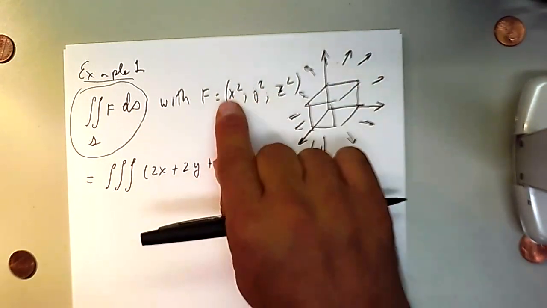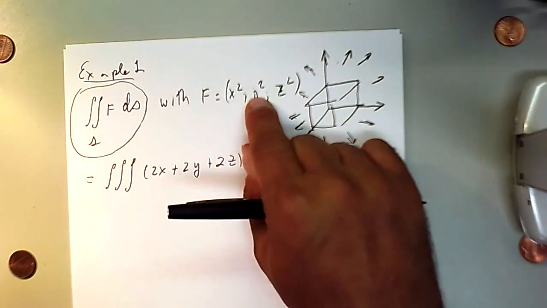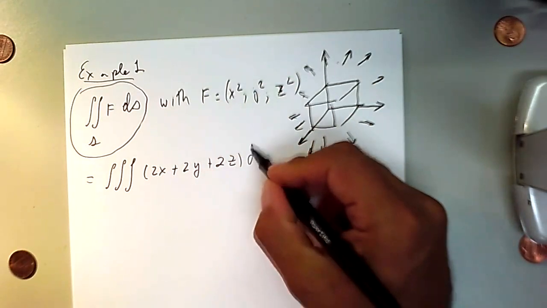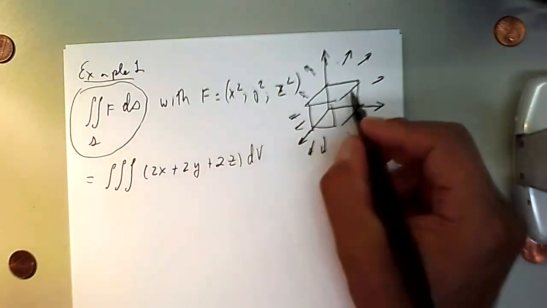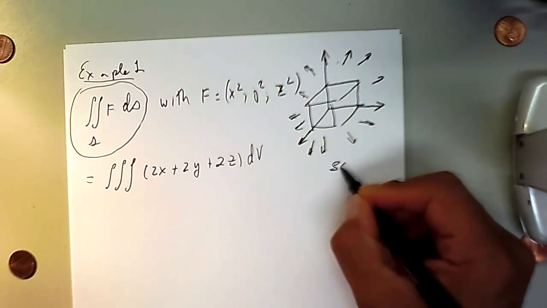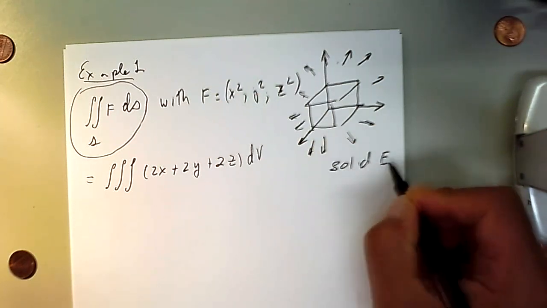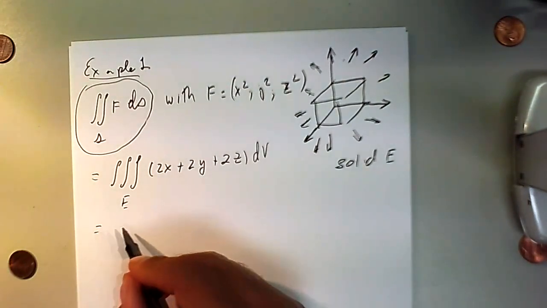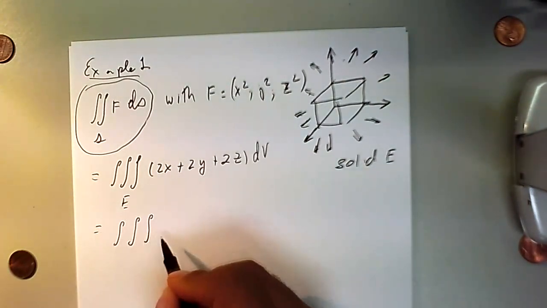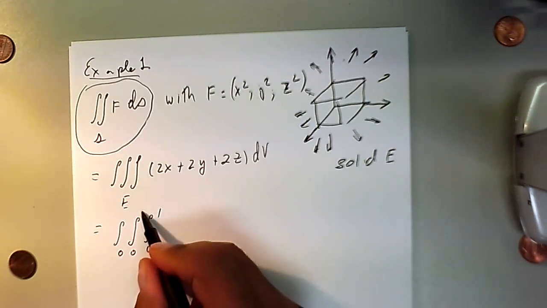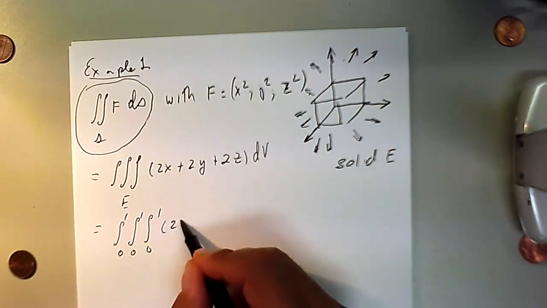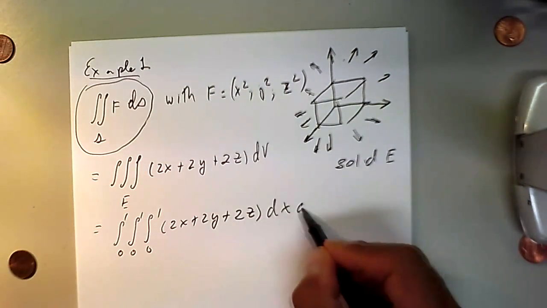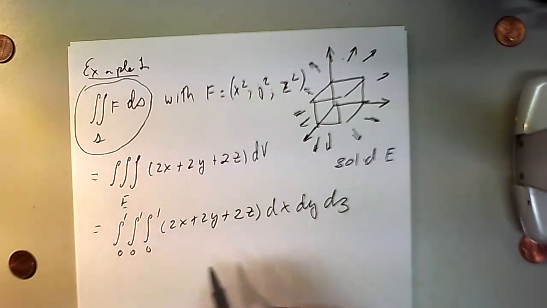Derivative of this with respect to x plus the derivative of that with respect to y plus the derivative of that with respect to z over the volume. Let's call this the solid E. So over E, which really means the triple iterated integral from 0 to 1, again, 2x plus 2y plus 2z with respect to x, with respect to y, with respect to z.